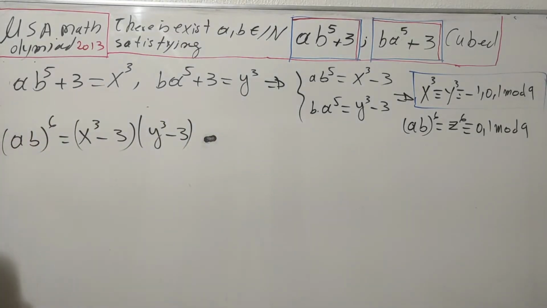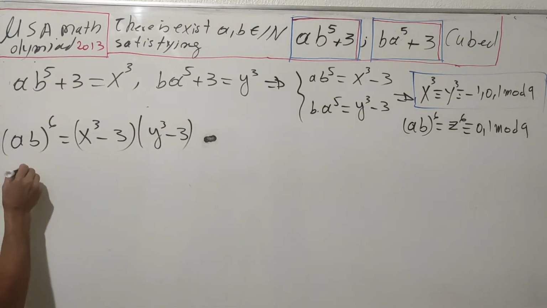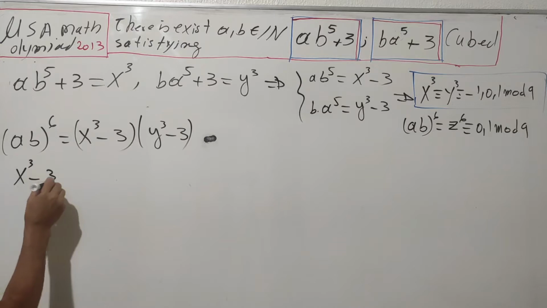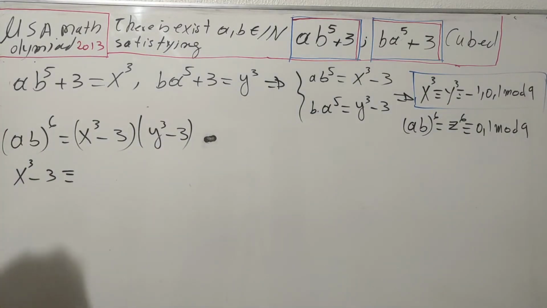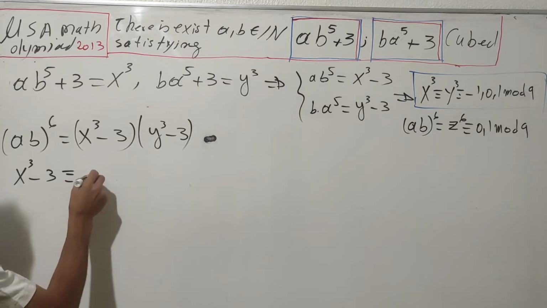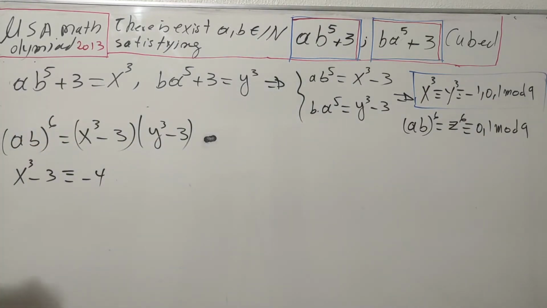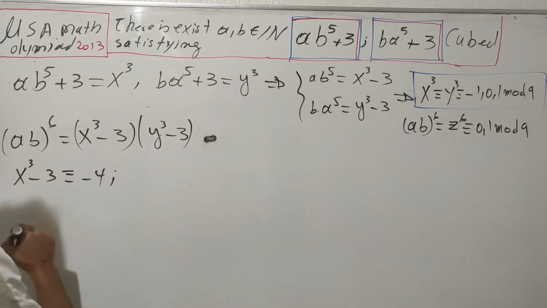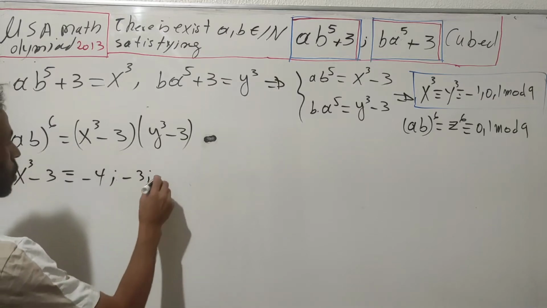So now we will have too many cases here. Let's work on this one. I get x cubed here minus 3. So you know x cubed is minus 1, 0, or 1. By subtracting 3, I get x cubed minus 3 is always congruent to minus 4, or minus 3, or minus 2, mod 9. We add minus 3 to each remainder.